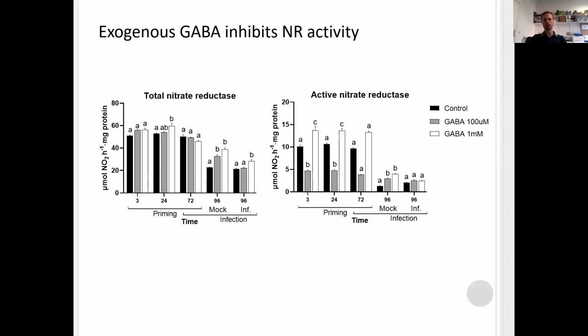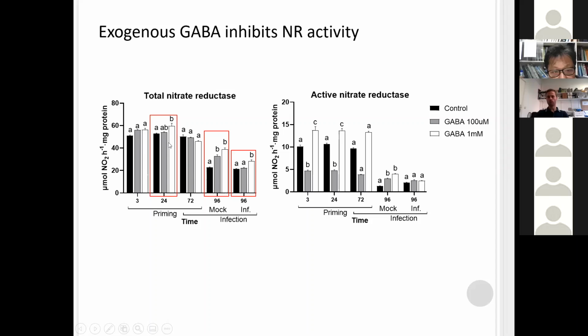And what we found was that by treatment with 1 millimolar, we found an increase in the total nitrate reductase activity. It includes both the active and the inactive nitrate reductase, but not at 100 micromolar. We did not see any effect after treatment.